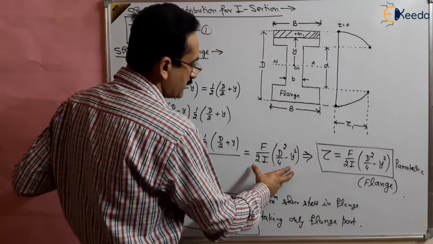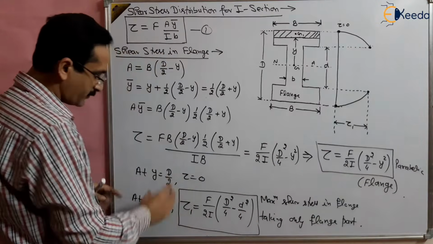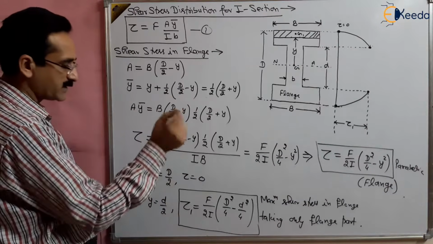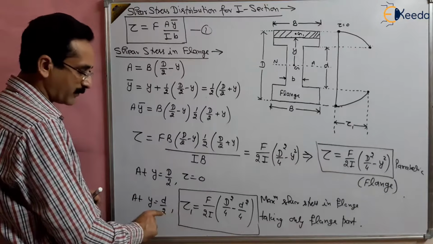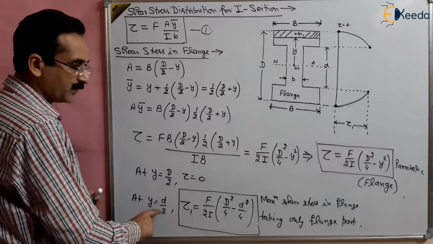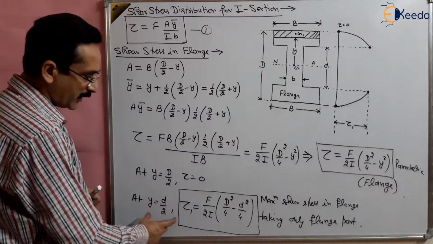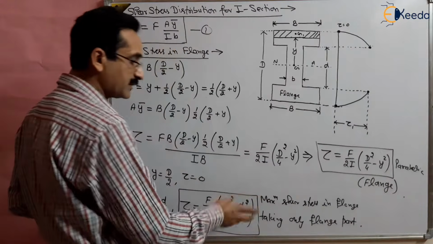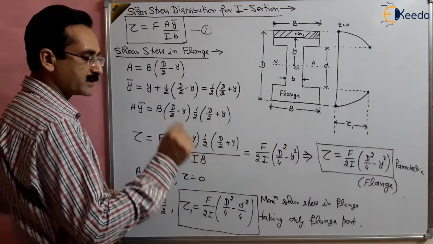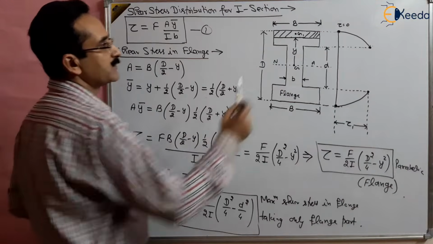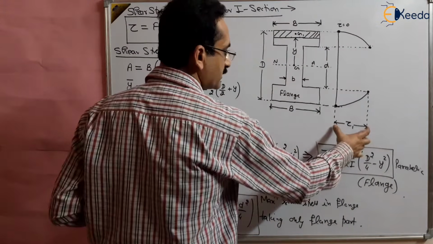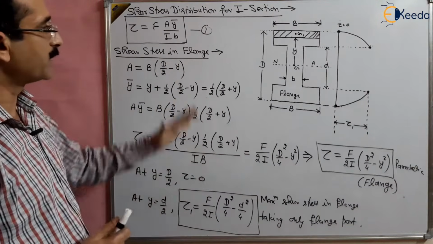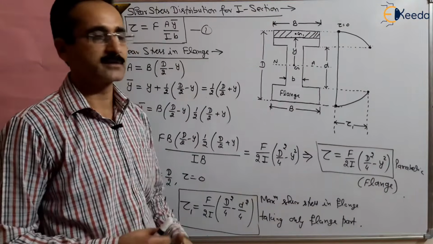At y equal to d by 2, just at the point where the flange and web are meeting, inside the flange and not inside the web, the shear stress is tau 1. This is the maximum value of the shear stress in the flange, given by this value, right? So this is how we obtain the shear stress distribution in the flange.